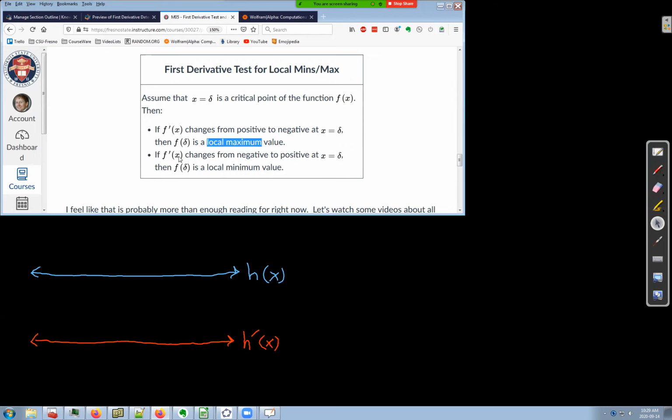And similarly, if the derivative changes from negative to positive, that means that you have a local minimum. So what we need to do to answer this question is figure out where the derivative changes sign. We're interested in where the derivative changes from positive to negative, and where it changes from negative to positive. So we need to find where the derivative changes sign.